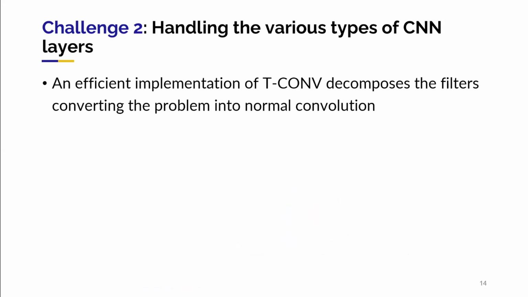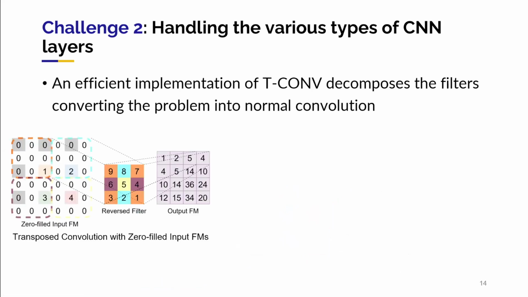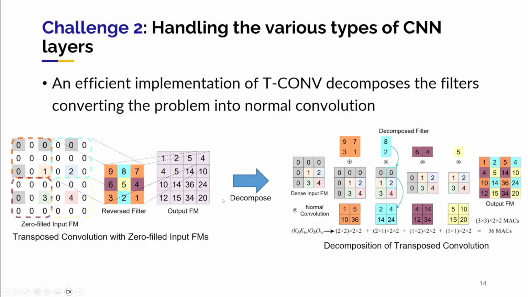So our approach is to use decomposition of the filters, converting the transposed convolution problem into normal convolution. If this is the original transposed convolution, the naive approach, what we do is decompose it based on the patterns of the sliding window.